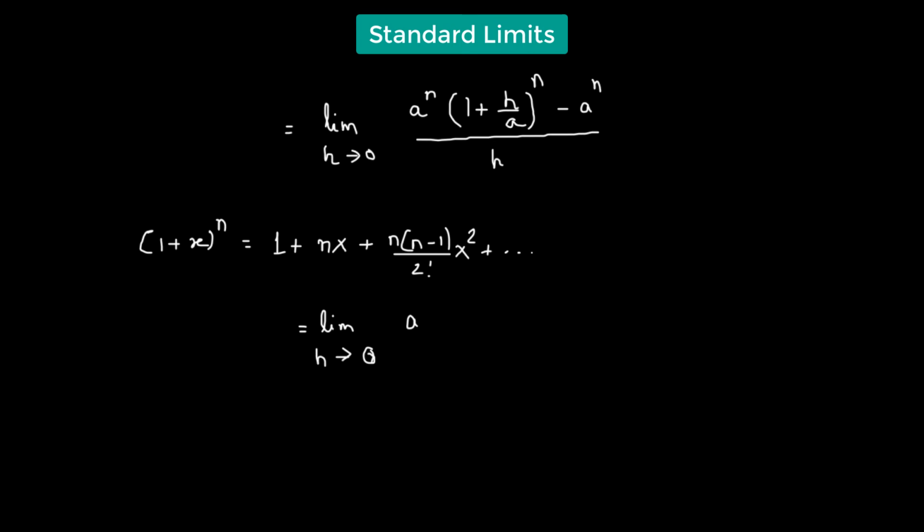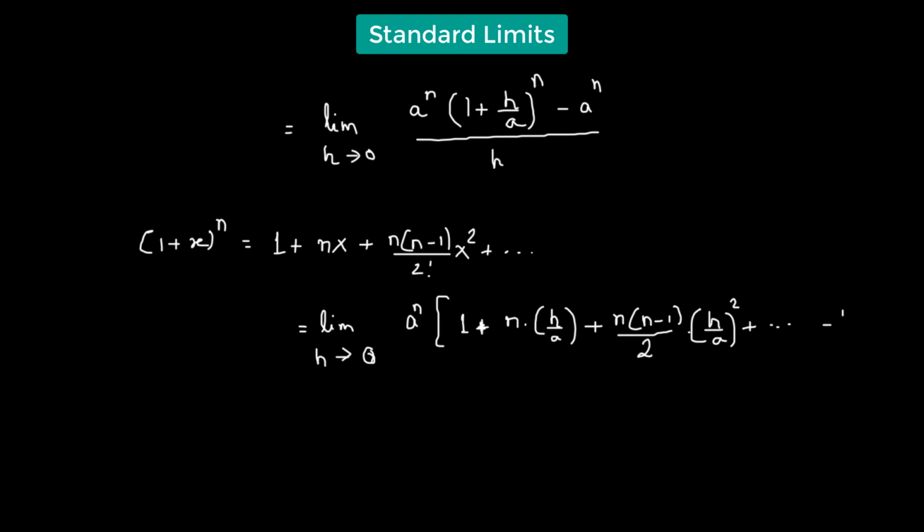Now I'm going to take a raised to the power of n as the common factor and expand the first binomial. So that will give us 1 plus n times x, so our x here is h over a, plus n times n minus 1 over 2 factorial, times h over a whole squared, plus the rest of the terms, and the final term, which is negative a raised to the power of n.